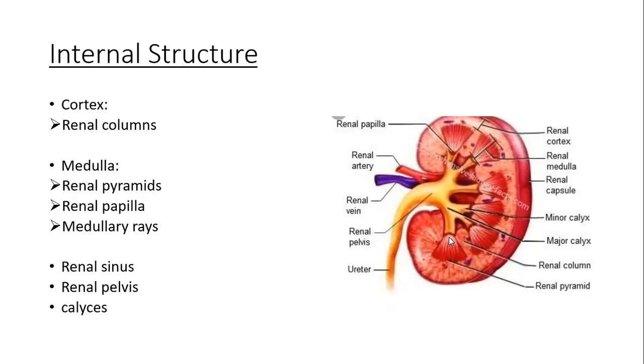And each of these minor calyces, as visible in this diagram, is indented by the apex of the renal pyramid, which we mentioned earlier as the renal papilla.